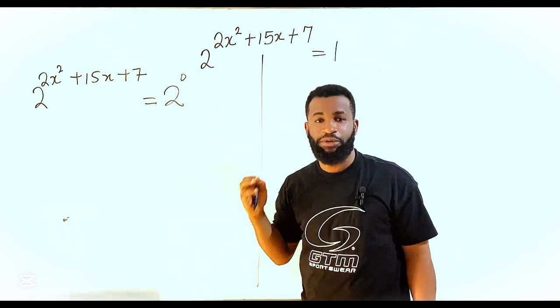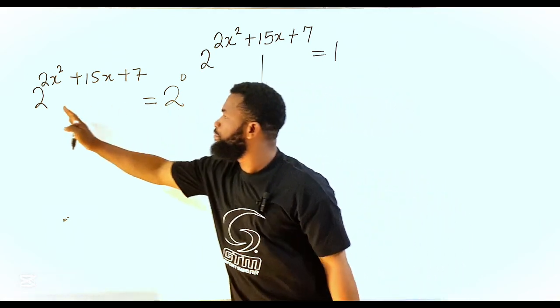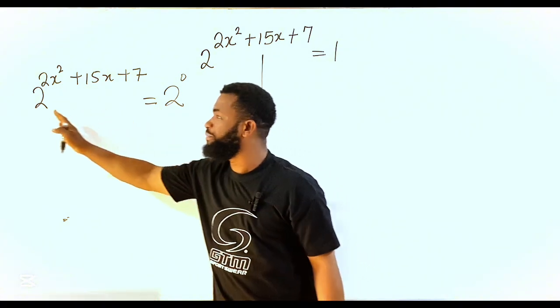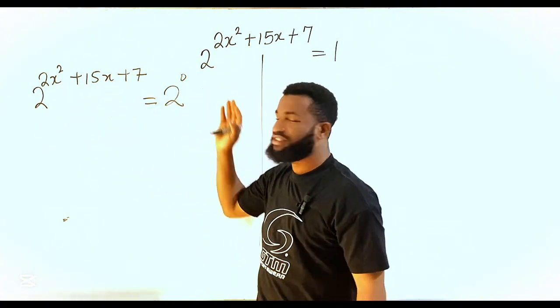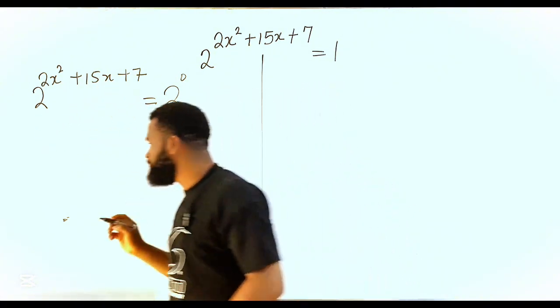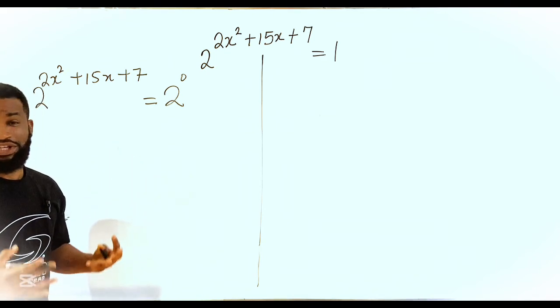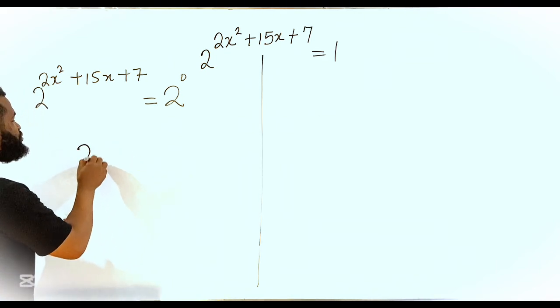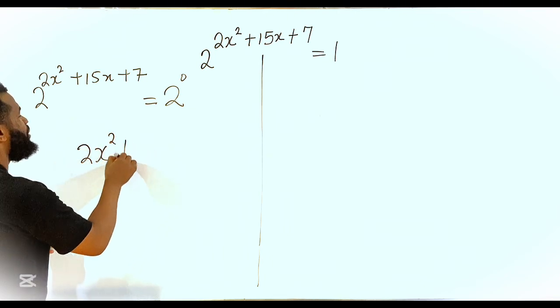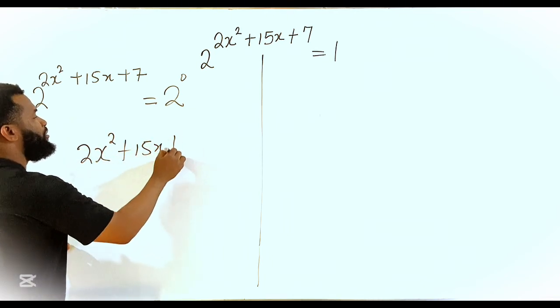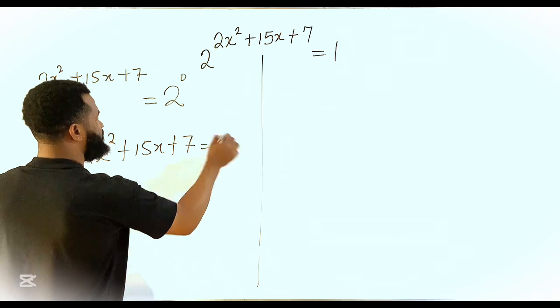Now, according to exponential equations, when the two sides of the equation have the same base, their powers can be equated. Therefore, this has automatically turned into a quadratic equation. So I'm going to have 2x squared plus 15x plus 7 is equal to 0.